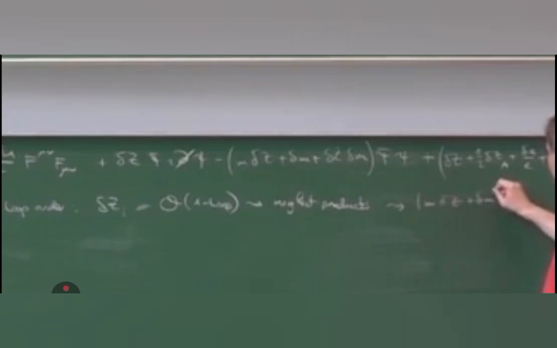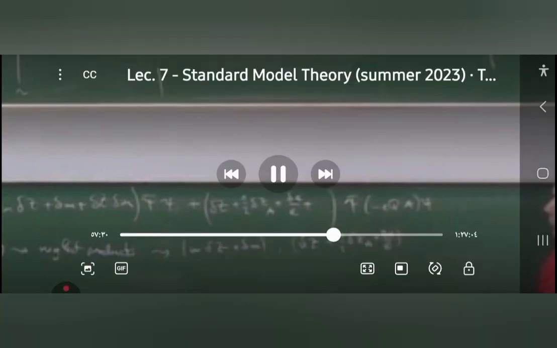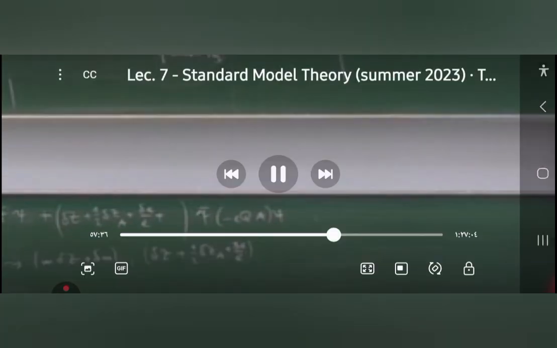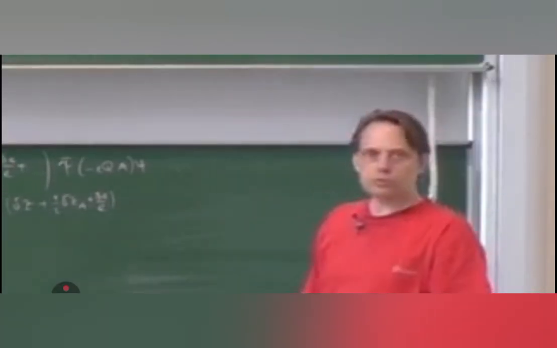This is then a strict one loop expression, and from that we get simply this combination delta Z plus 1/2 delta Z_A plus delta e over e, and no dot dot dot terms. This is then exact at the one loop level. Okay, so in this way you obtain a counter term Lagrangian from the classical Lagrangian and your renormalization transformation.